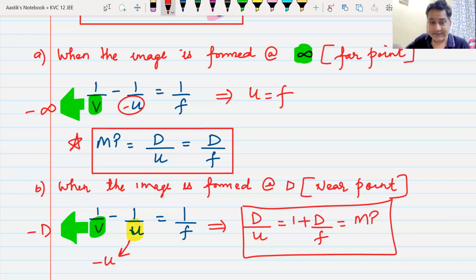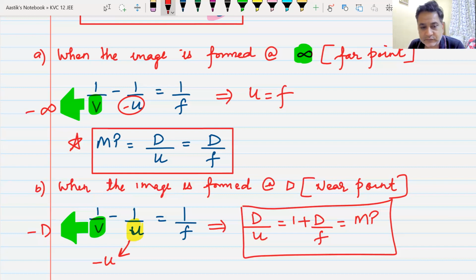So the next heading is compound microscope. Have you heard about compound microscope, anyone?